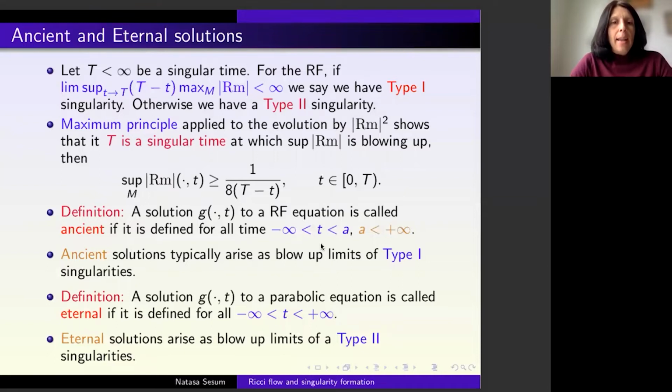As I already said, I defined these ancient solutions: solutions that exist from negative infinity up to some time A. If this A is less than infinity, we just call them ancient solutions, and if A is equal to infinity, we call them eternal solutions. Ancient solutions usually occur as singularity models of type 1 singularities, and eternal solutions arise as blow-up limits of type 2 singularities.